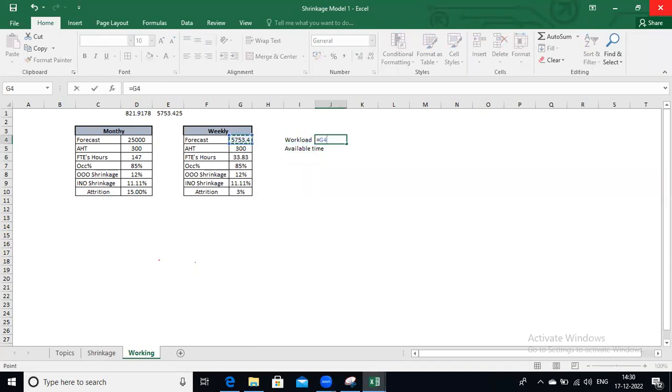So forecast into EST will be my workload, and the available time, that is FT hours into occupancy multiplied by 36. So always we will multiply our occupancy in time, because occupancy always relates to time, not volume, not workload.